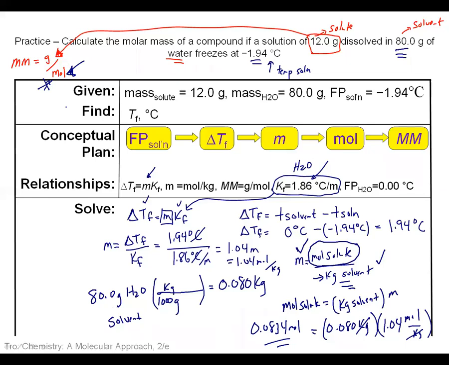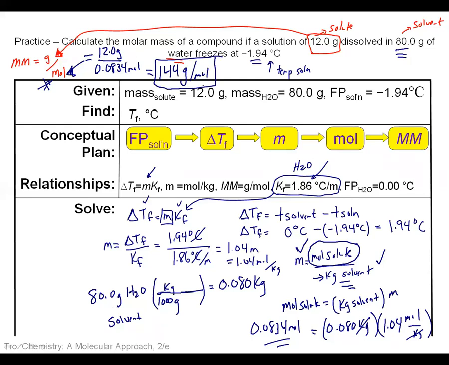So we had 12 grams of the compound, and we had 0.0834 moles. And if we divide that, we end up with about 144 grams per mole as the molar mass of this compound.